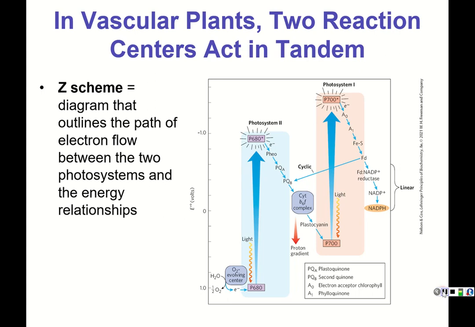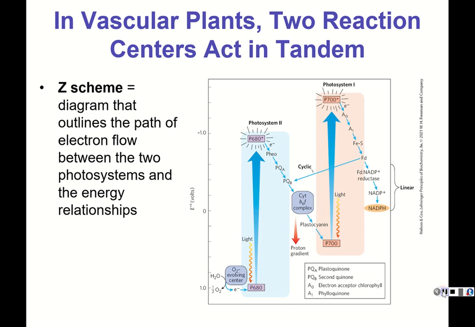The book also goes into different photosynthetic bacteria that are very similar to this, but for this class, don't worry about the bacterial photosynthesis. It's a little bit more complicated, and what we'll focus on is the plants.